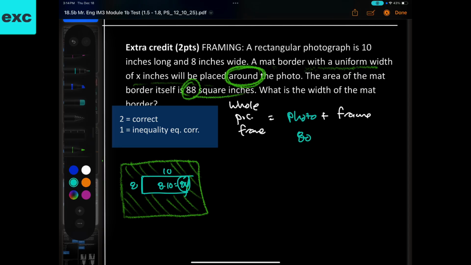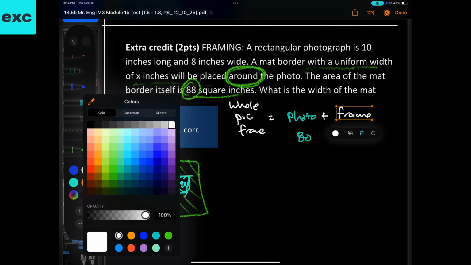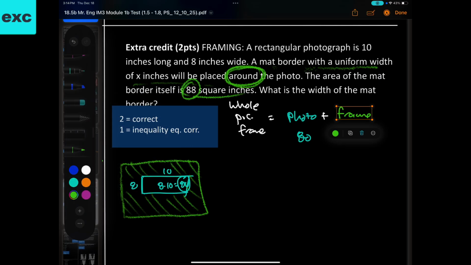And then the frame is the green portion. Okay, so the frame is 88. So the whole picture is 168.